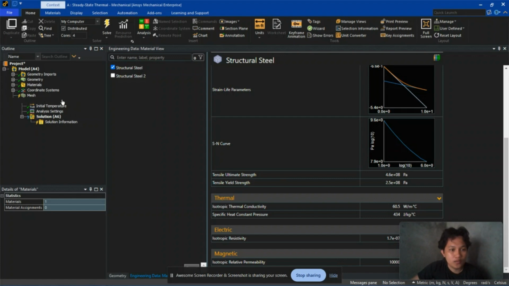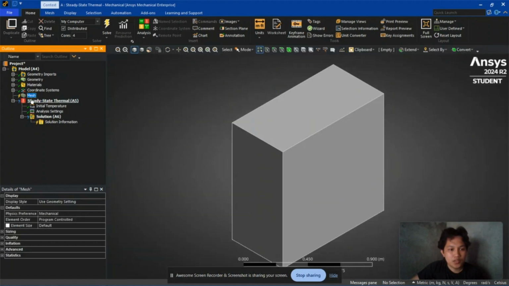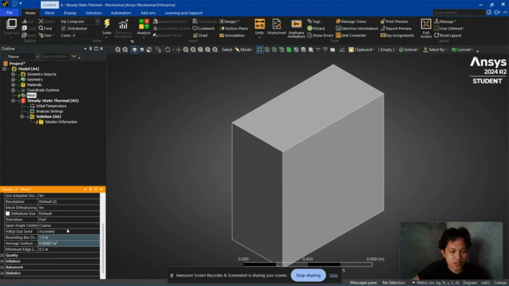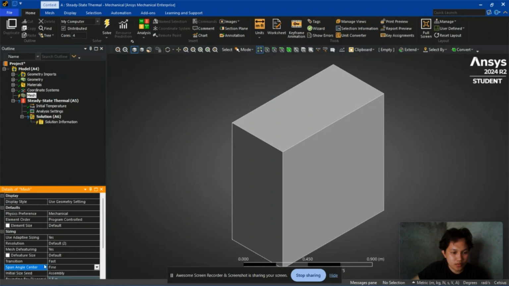And mesh, we're going to mesh this up, and the sizing should be fine, and the span angle center fine.